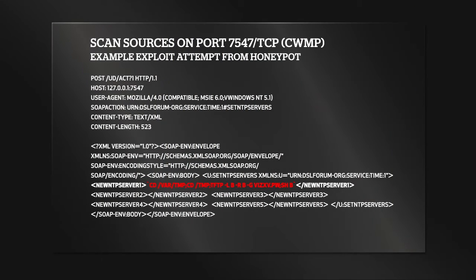In our honeypot, because there's a lot of scanning on this, we see people trying to hit this port. So we just grabbed whatever they're trying to send to it, and this is an example of what we received. In red here, I've highlighted what it actually looks like. They're sending a POST request to the CWMP port on port 7547.